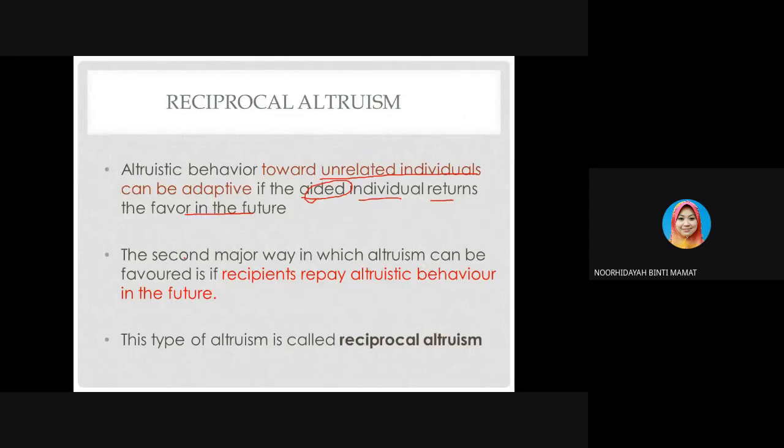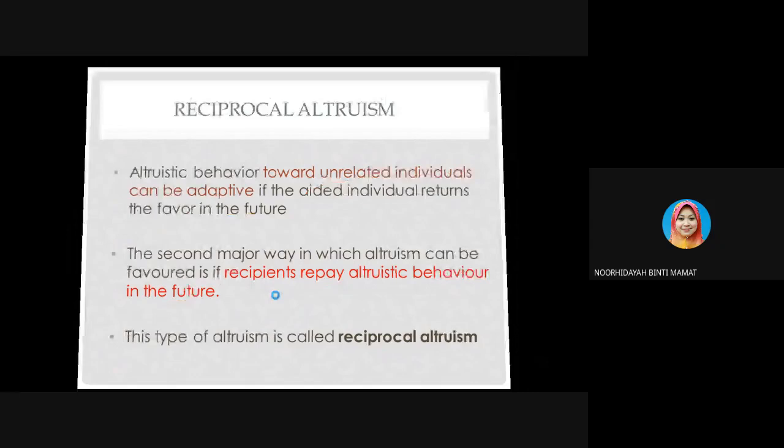This is the second major way in which altruism can be favored: if the recipients repay the altruistic behavior in the future. The actor gives the benefit to an unrelated individual, and that individual will repay the altruistic behavior in the future. So this is reciprocal altruism.